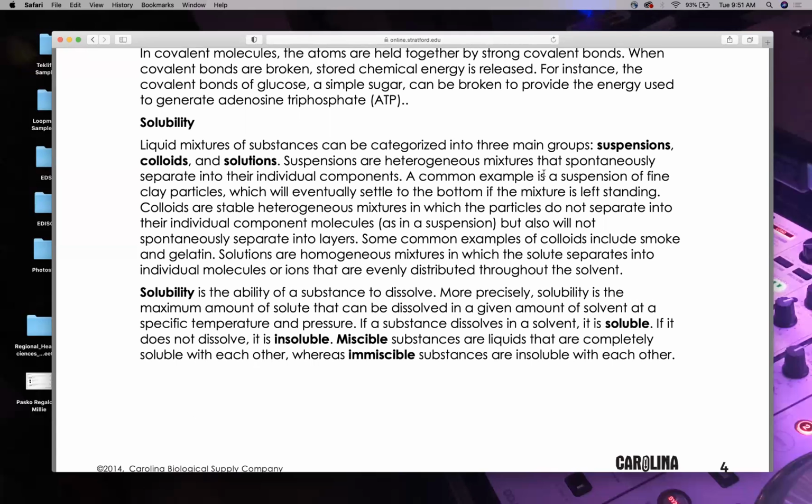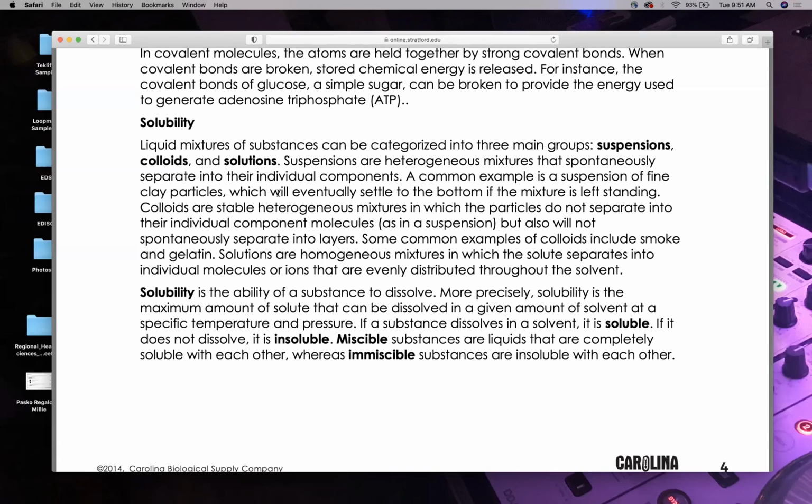Now, what are these things? Suspension, colloid, and a solution. Now, all of these things are mixtures. A suspension is when you mix something and you can still see chunks in it, right?